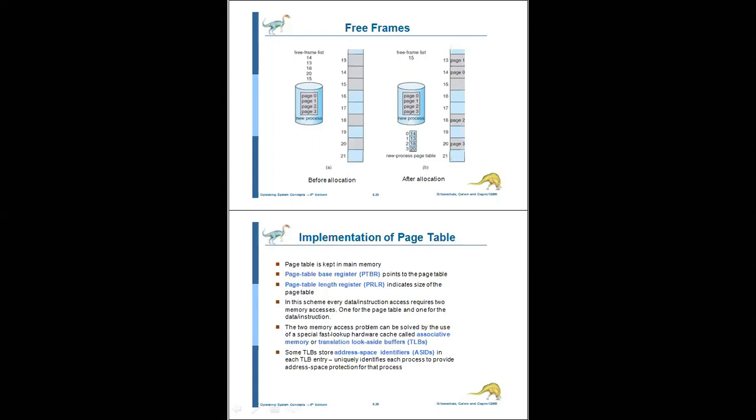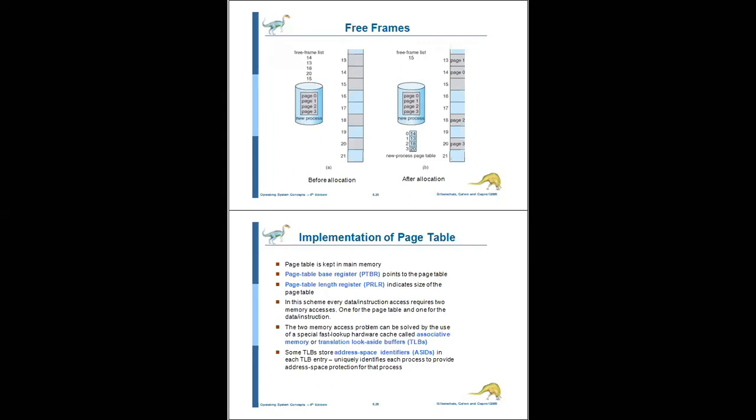Is it clear how a process is divided into a number of pages, and how, by using the frames, it is loaded into the physical memory? Are there any doubts regarding free frames? If there are n pages, at least how many frames will be required?